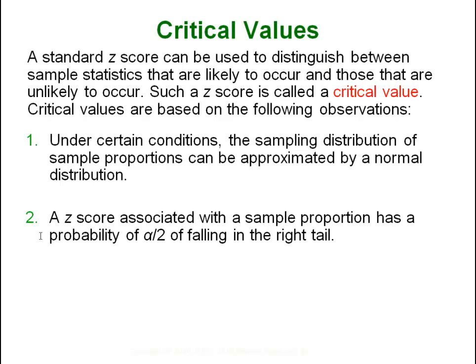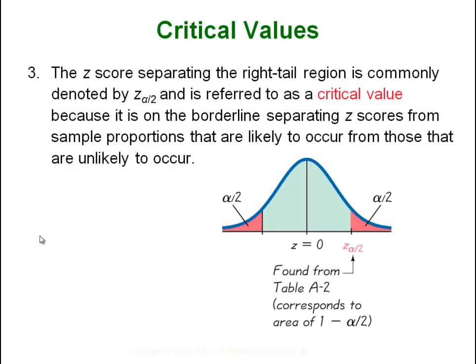Just like before, we have to deal with critical values. So when we talk about finding a critical value, we're finding that z cutoff score. Here's a good picture, right? If we're trying to be 95% confident, then we're going to have 5% outside of our confidence interval.